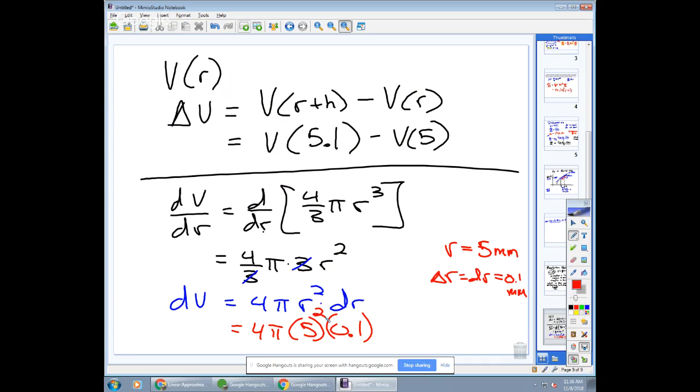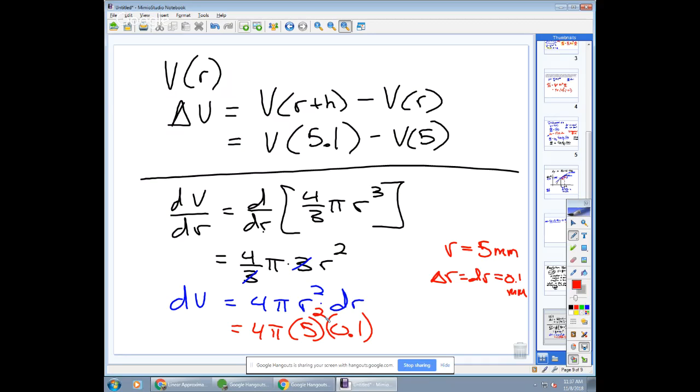So whipping out your calculators, what does this come out to? It comes out to pi exactly here, because 4 times 25 is 100, and this is 0.1, so it's 10 pi. I wanted that to be a 100th of a millimeter, but we'll leave it as a 10th of a millimeter.